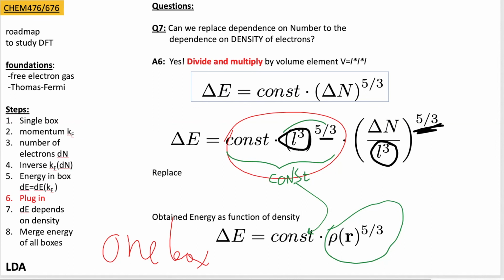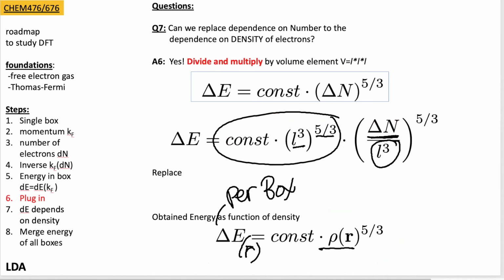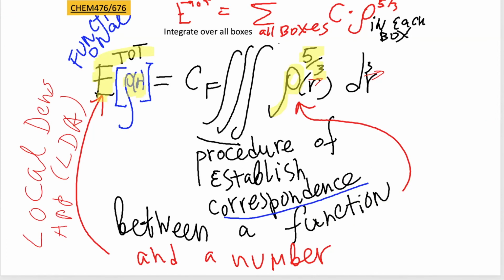And the only thing left is to make a summation over all boxes. So we make a summation of this 5/3 over all boxes in space. And if the boxes are really small, we replace summation by integration.